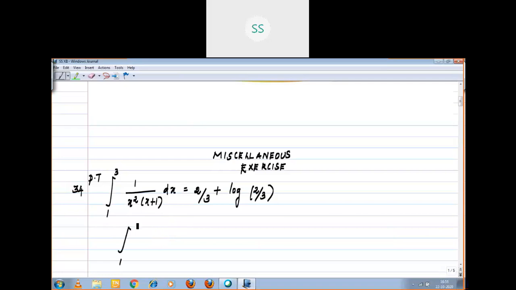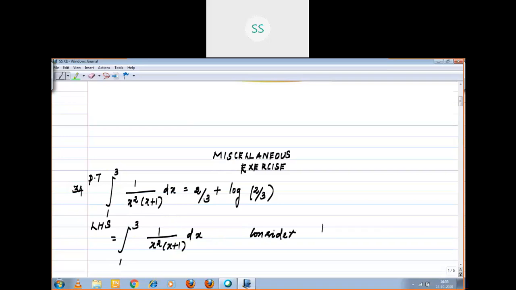Integral 1 to 3 of 1 by x square into x plus 1 dx equals, left side I took, this is my LHS. I am going to consider the function alone separately.